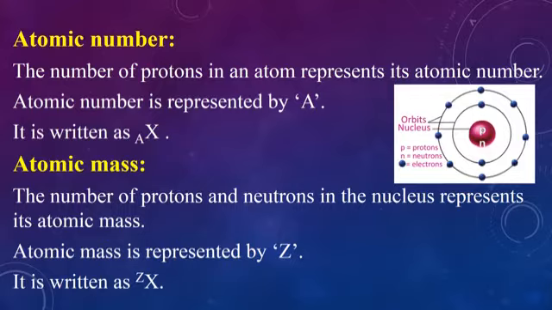We're not talking about ions. If an atom gets an electron from some other atom or material, it becomes a negative ion, which we call an anion. If an atom loses an electron, it becomes a positive ion. In that case, the number of protons and electrons are no longer the same. But for a neutral atom, they are always equal, and that number is also called the atomic number of an atom. And atomic mass is the sum of protons and neutrons.